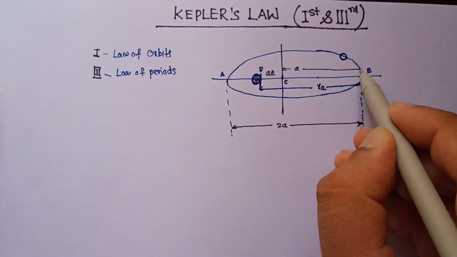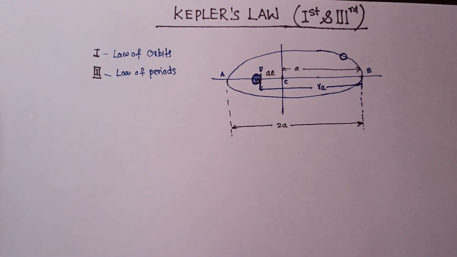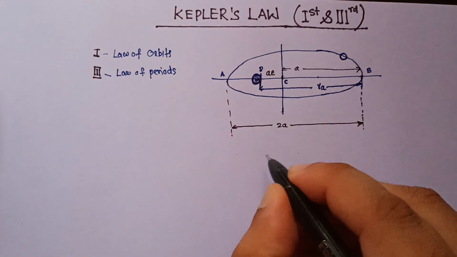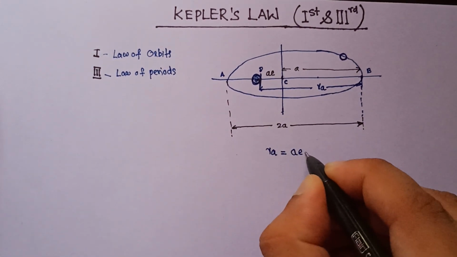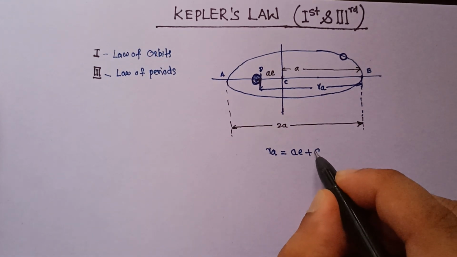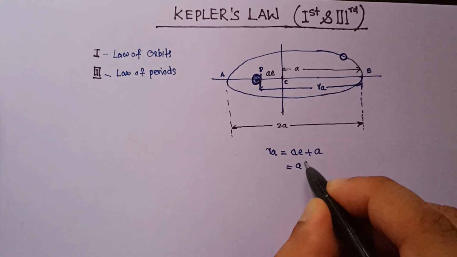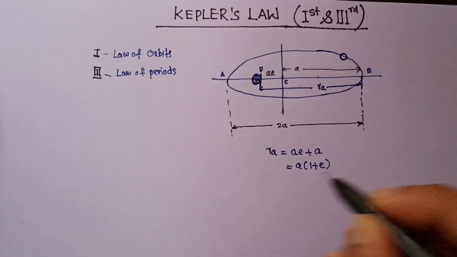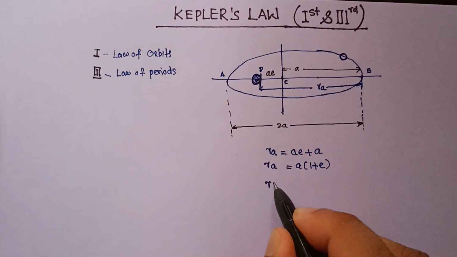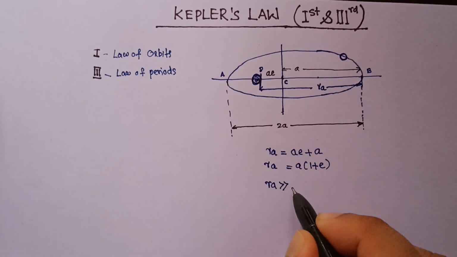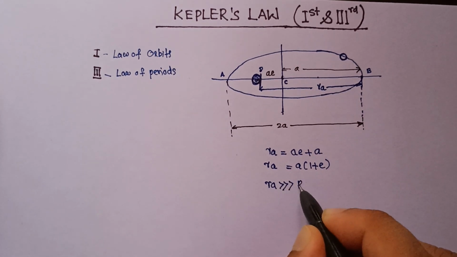Now you can explain what is the aphelion distance, which is equal to A plus AE, which is A into 1 plus E. Always remember your aphelion distance is much greater than the radius of the sun.